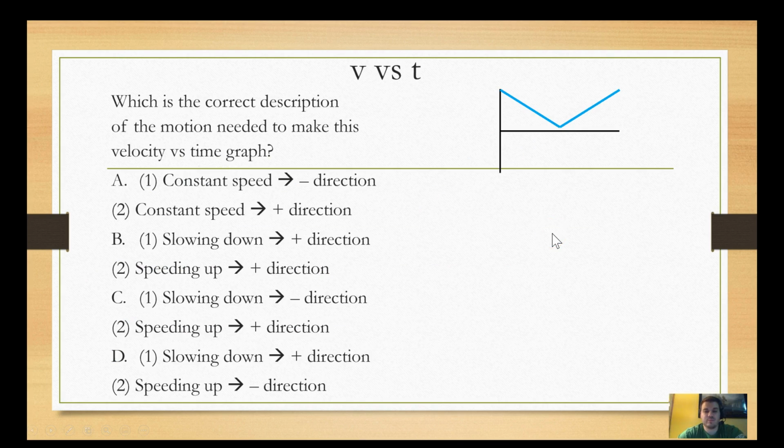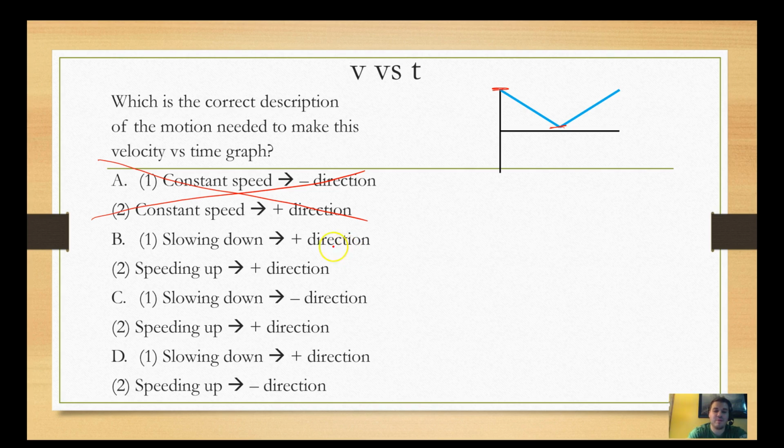What about this one? What does this one show? Remember, for a velocity versus time graph, the value is what's indicating whether we are speeding up or slowing down. So if I start at a more positive value and go to a lesser positive value, I can't have a constant speed. Anything that mentions constant speed is out. As I go to 0, I must be slowing down. So the question then is, which direction am I moving while slowing down?